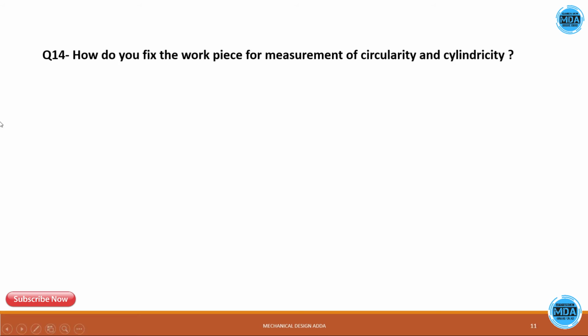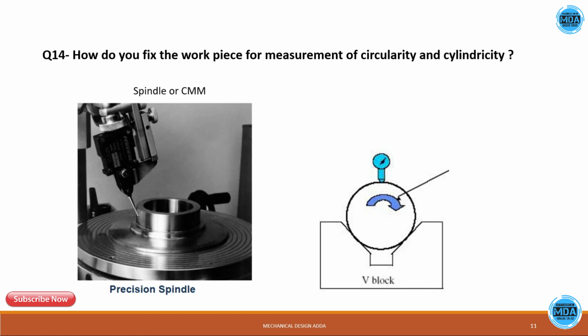The next question is, how do you fix the workpiece for the measurement of circularity and cylindricity? So here the question is how we can fix the workpiece to measure circularity and cylindricity. We can use a precision spindle. On the spindle we can place the workpiece and measure with the help of a CMM.